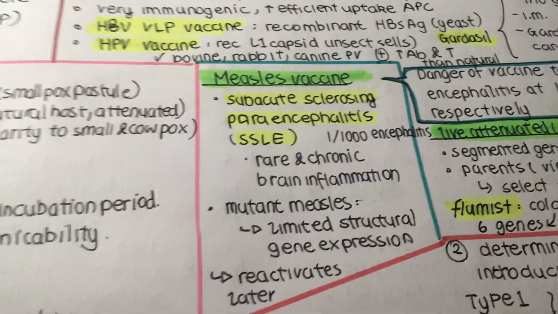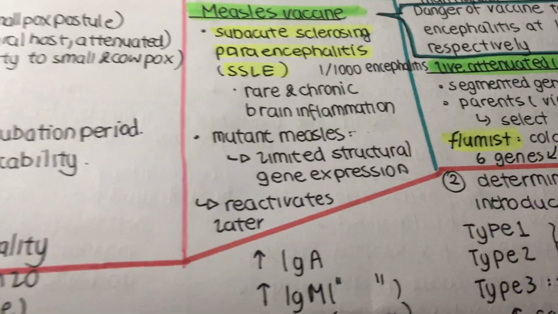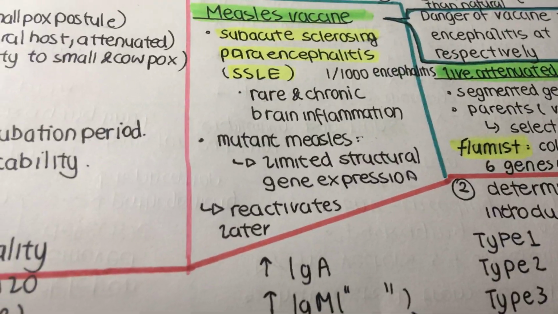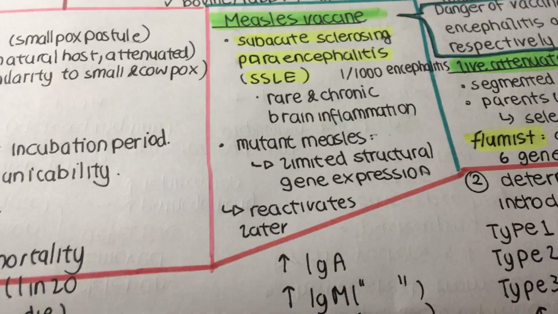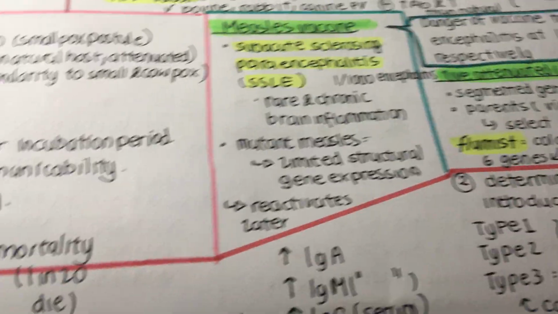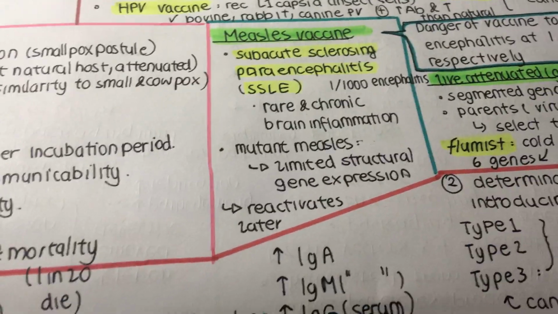And we believe that SSPE arises due to a mutant form of measles, which cannot be detected by the host properly because it doesn't express structural proteins which can be targeted by antigen-presenting cells within the host.